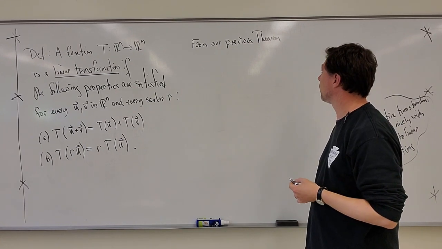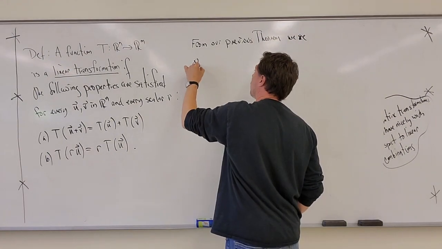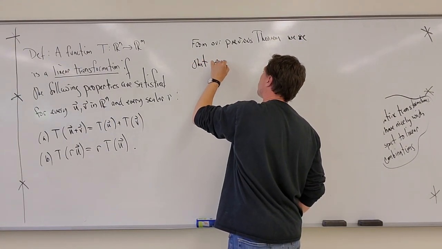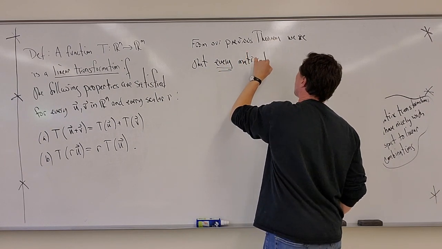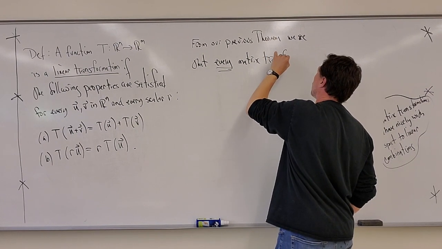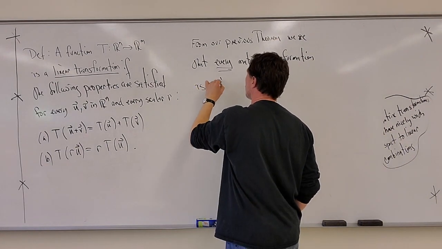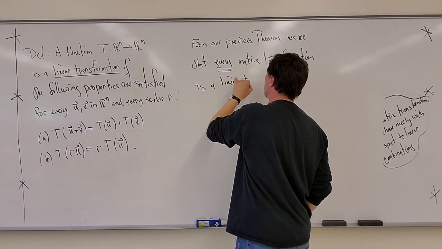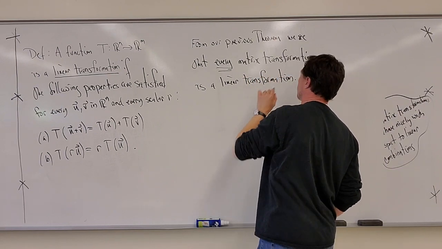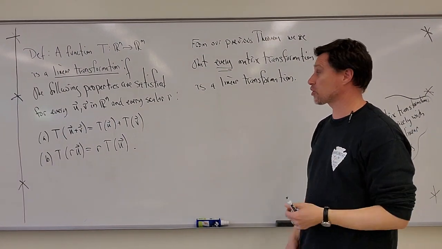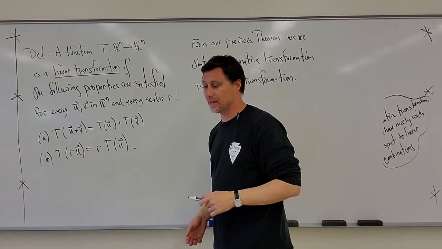So from our previous theorem, we see that every matrix transformation is a linear transformation. If you look at that theorem, it tells us every matrix transformation satisfies these two properties. That guarantees us that matrix transformations are linear transformations.